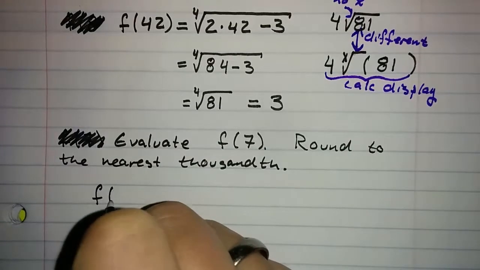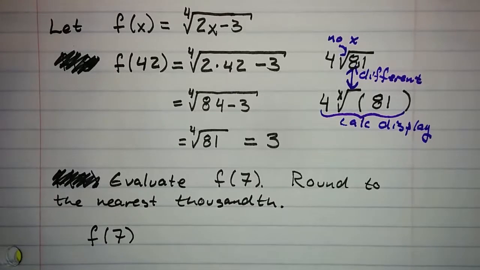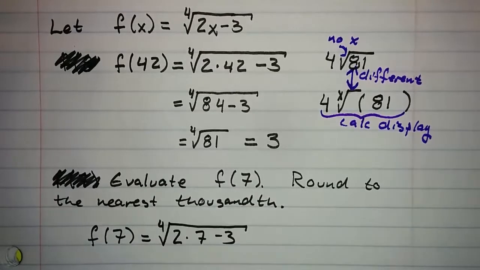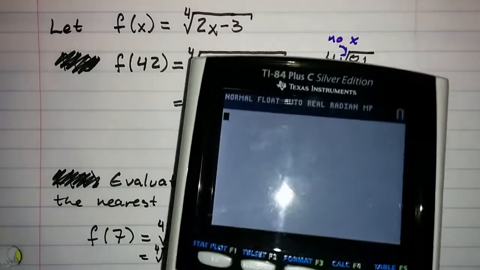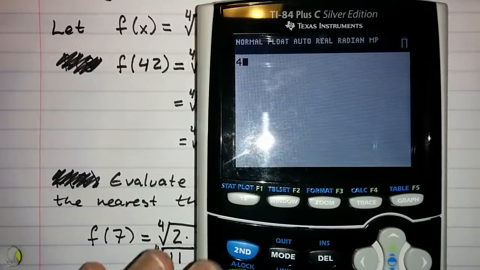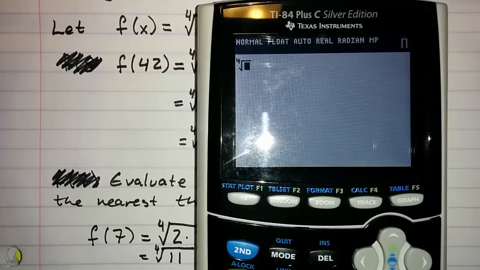Well, f of 7, again, I'm just going to write a 7 everywhere that I see an x. So this is going to work out to the fourth root. 2 times 7 is 14 minus 3 is 11. Putting that into my calculator, 4 x root 11.